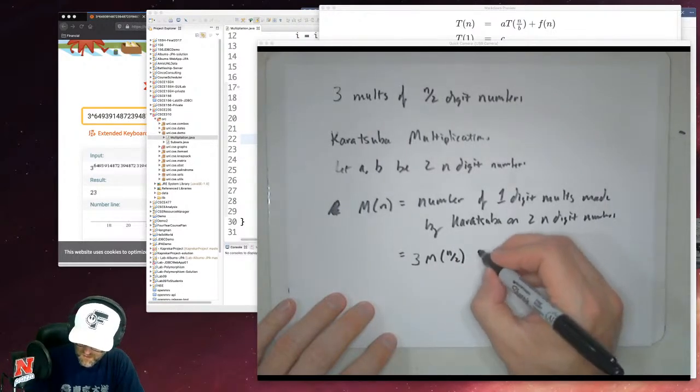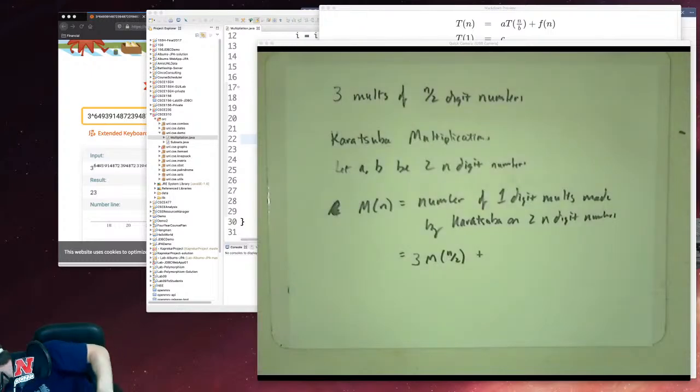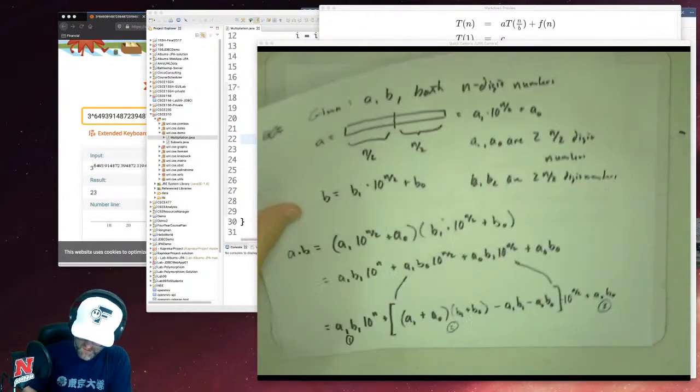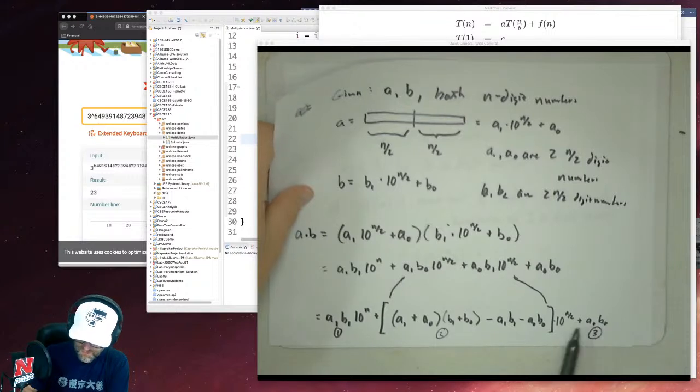What about the non-recursive costs here? Well, as far as multiplications are concerned, we're not doing any non-recursive multiplications here. This is a recursive multiplication. This is a recursive multiplication. This is a recursive multiplication. Otherwise, these are not multiplications here. This is a shift by 10.